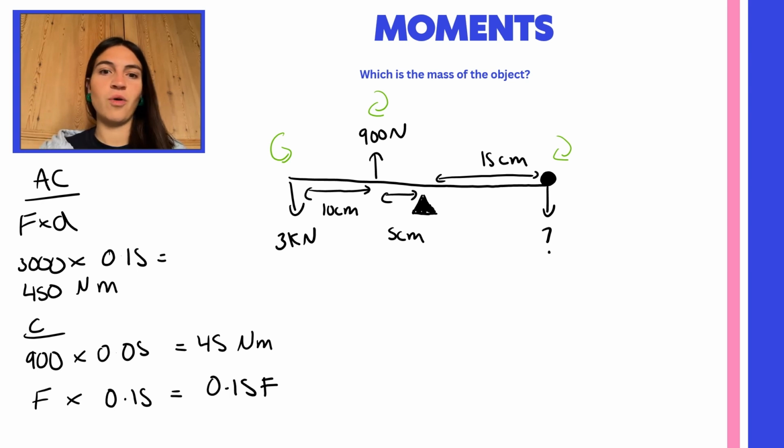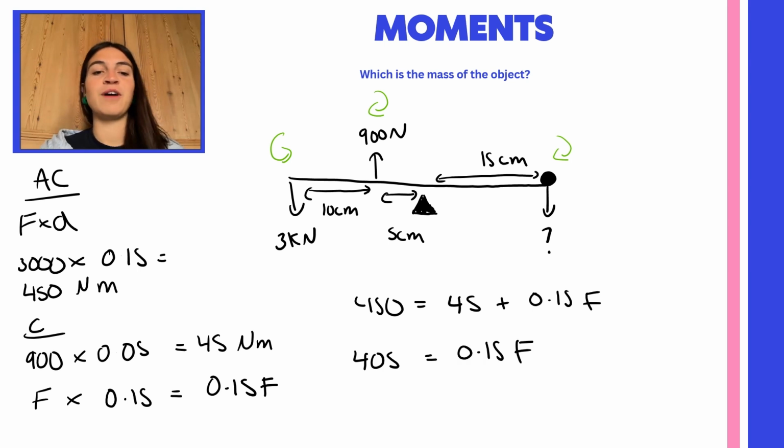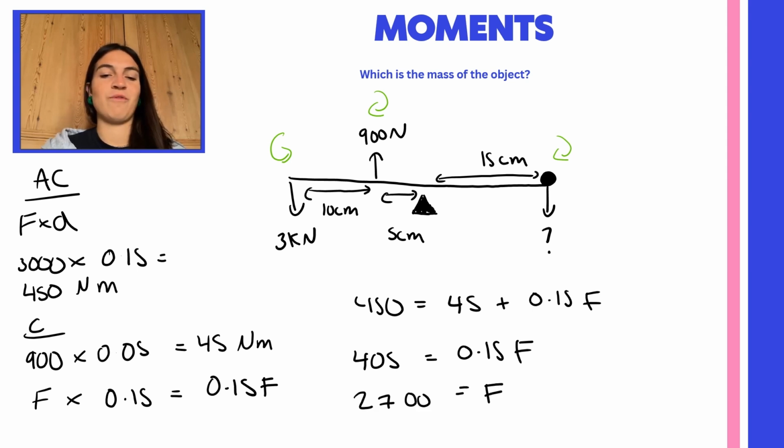And then my other clockwise moment is going to be the force that I don't know yet, times 0.15, 15 centimeters in meters, gives me 0.15 F. Then I need to set my anti-clockwise equal to my clockwise, so 450 equals 45 plus 0.15F. Moving that 45 over, we have 405 equals 0.15F. Dividing through by 0.15, we have 2,700 equals F, force.